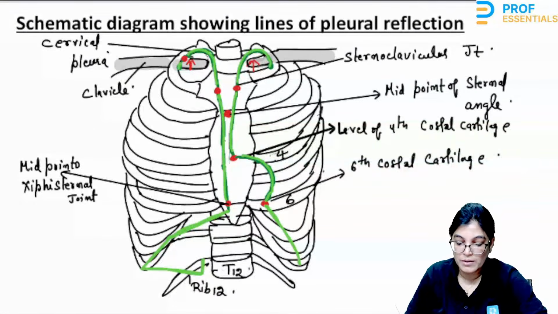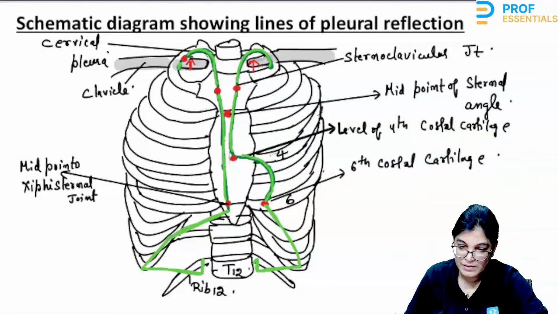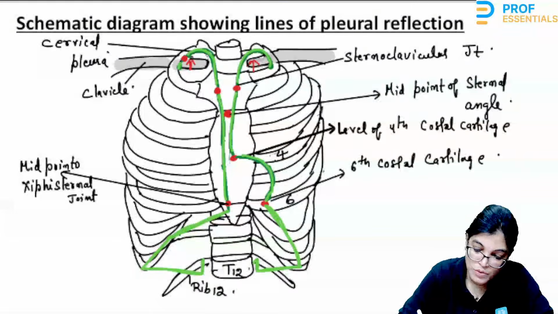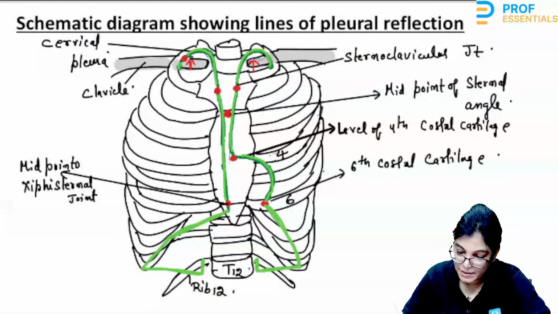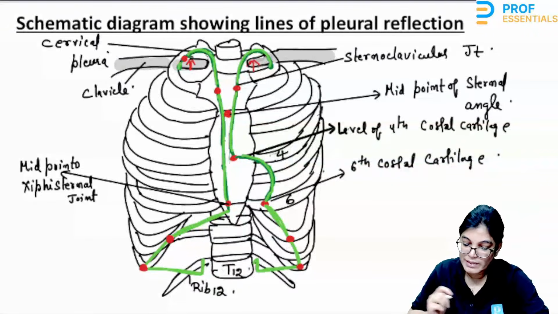Laterally, and then coming to the level of 12th rib like this. You can just mark it with a pointer, like this is 8th and this is 10th. Here also you mark it, it's 8th and this is 10th. 12th is already written.